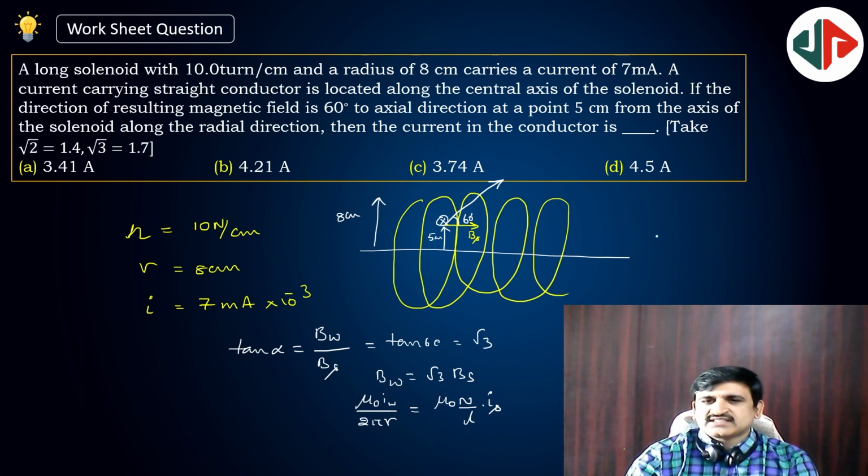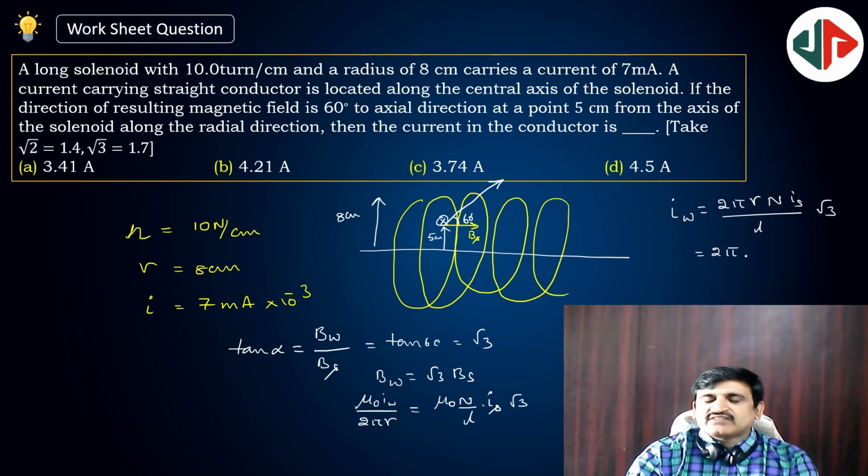I_W is equal to 2πr into n into I_s by L. So I'll write 2π value. Sometimes he will give √2 and √3 values. And the r value... where is r? Okay, √3 is here. Oh, I didn't write √3 here. Yes, so this is √3.